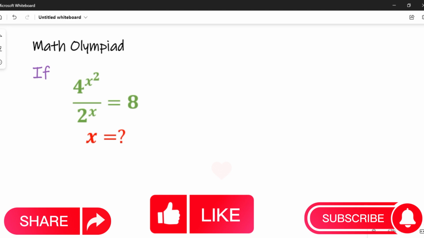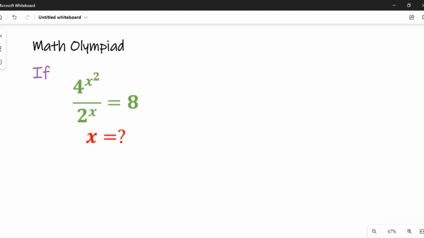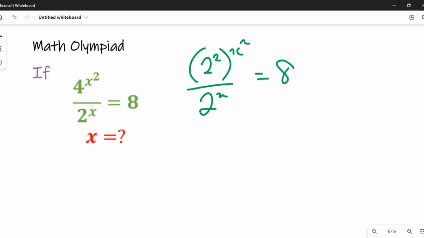To solve this question, we are going to immediately simplify the parameters. 4 will give us 2 raised to power 2, and that will be raised to power x squared, and this will be over 2^x, and that will be equal to 8.